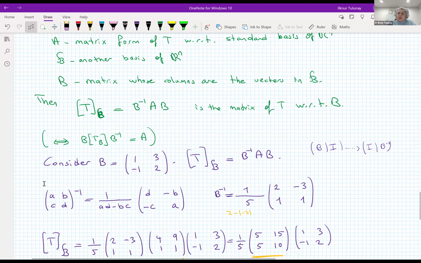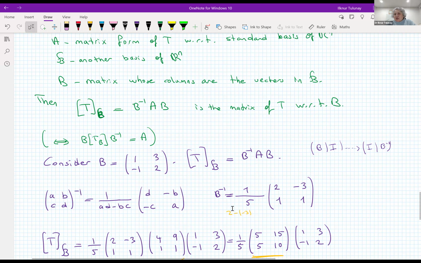What I'm saying is that if you multiply this matrix with the matrix abcd, you will find the identity matrix very straightforwardly. So I'm going to use this formula rather than the usual way. As I said, you can memorize this.